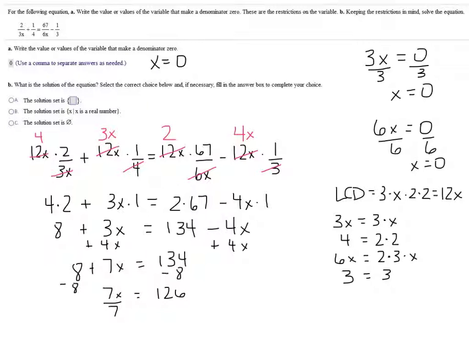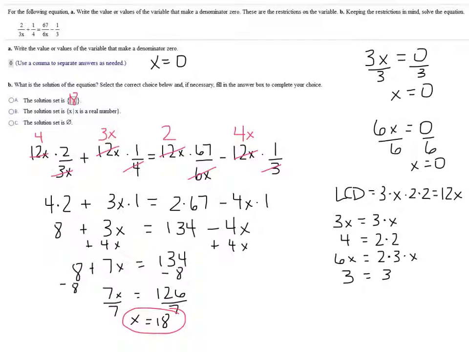Then divide both sides by 7, and you'll have what x is equal to. I believe that's 18. So since we found a value for x that's not 0, that one should work. You can go back and check it, but you would put this in your solution set. X is equal to 18.